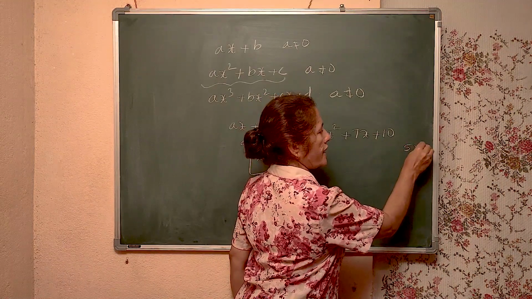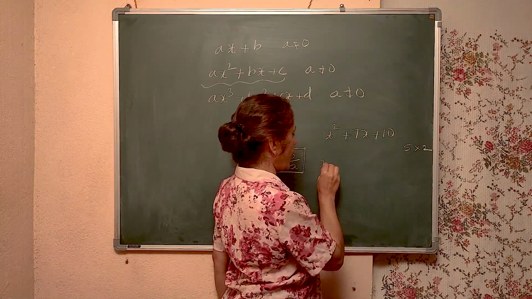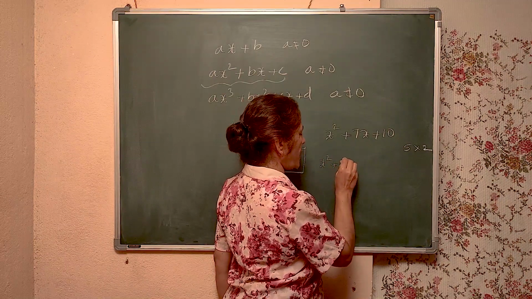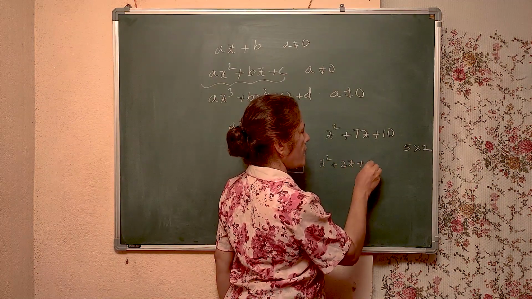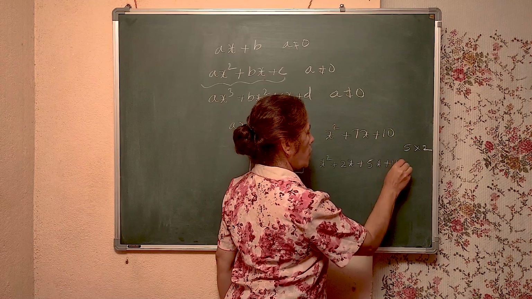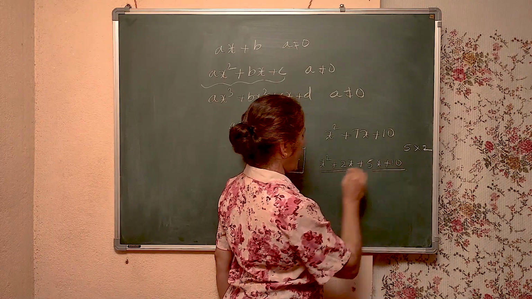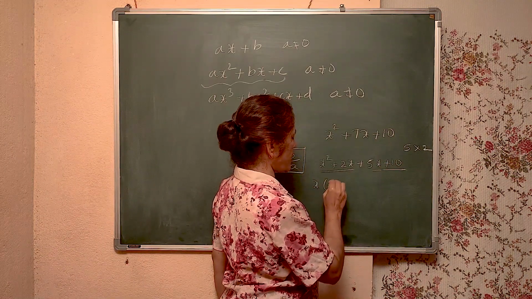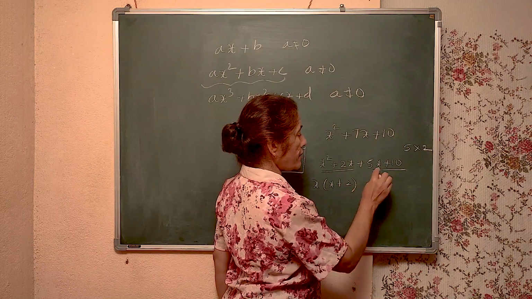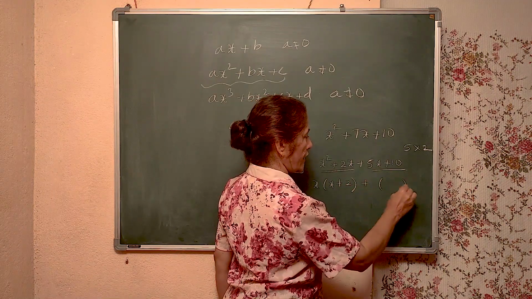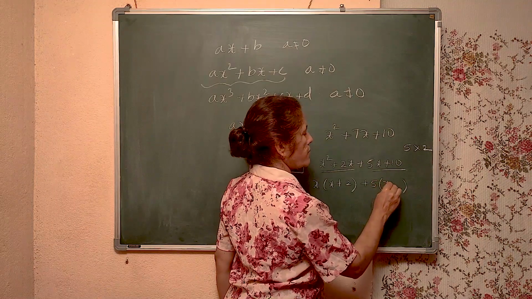So, 5 twos are 10. So, x square plus 2x plus 5x plus 10. Now group this and you get x common, x plus 2. Then 5 is common, x plus 2.